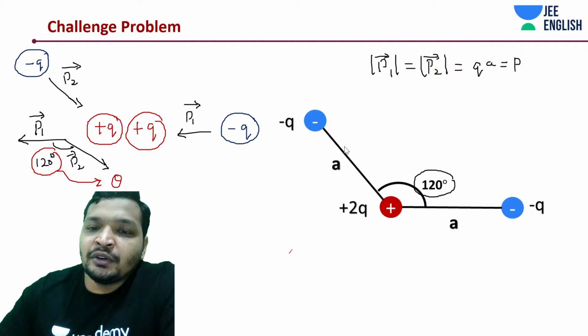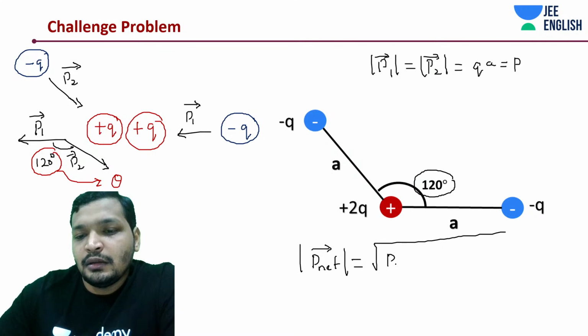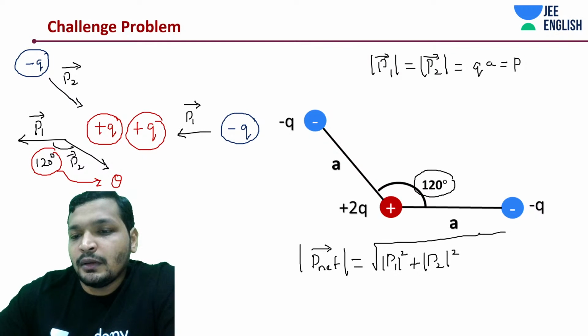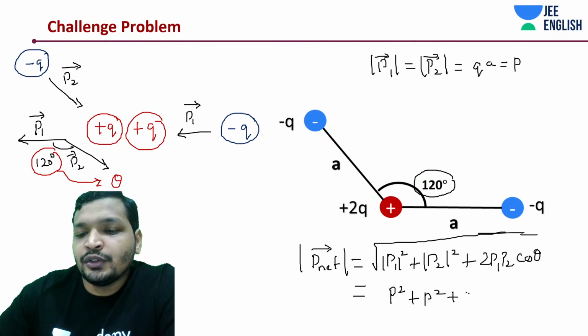Now, how do you find out the magnitude? Again, the same old thing. P net magnitude is equal to under root of P1 square plus P2 square plus 2 P1 P2 cos theta. What is P1? P, we took it to be P. So P square plus P square plus 2 into P into P into cos theta.